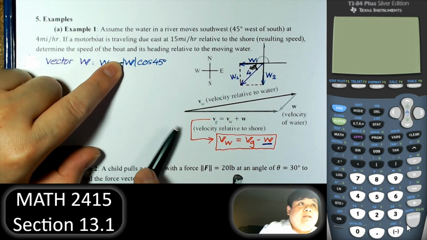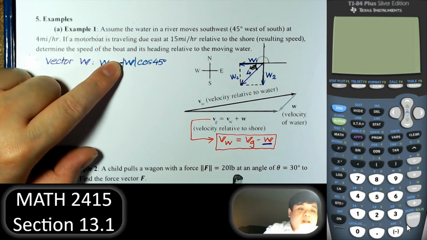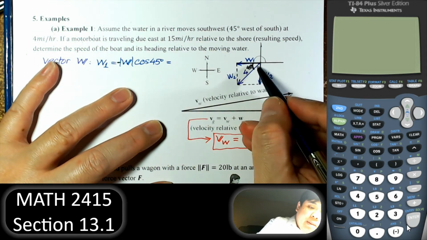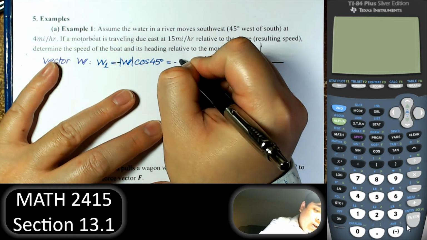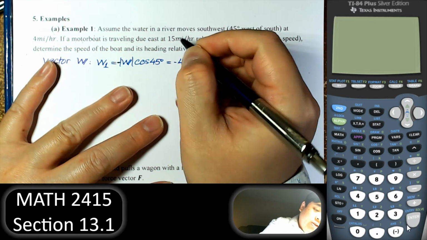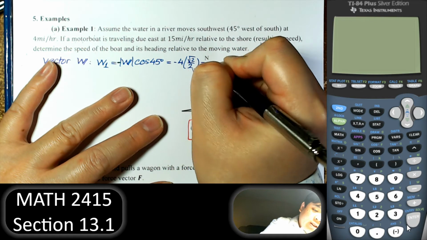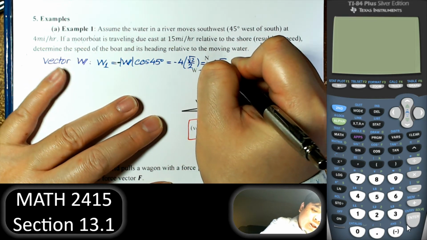But we put the negative here because that makes sense. That pointing to the left is negative. Right. The magnitude of W is 4, so we have negative 4 cosine of 45 degrees, square root of 2 over 2. So we have negative 2 square root of 2. So that is W1.